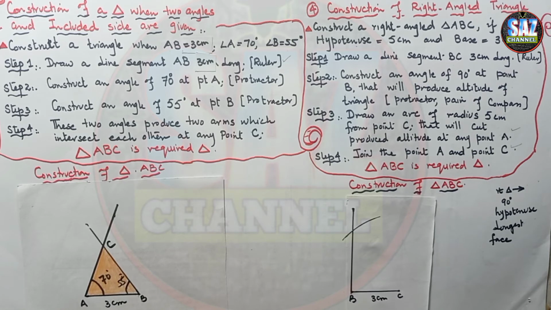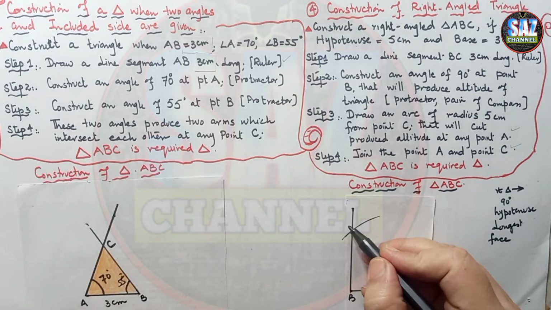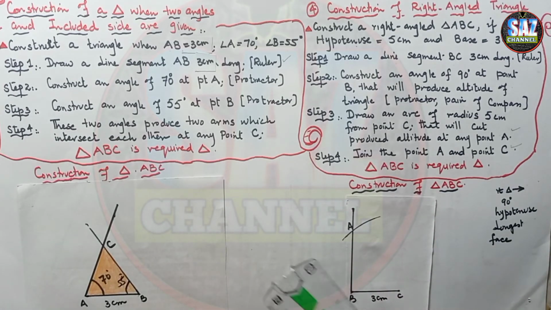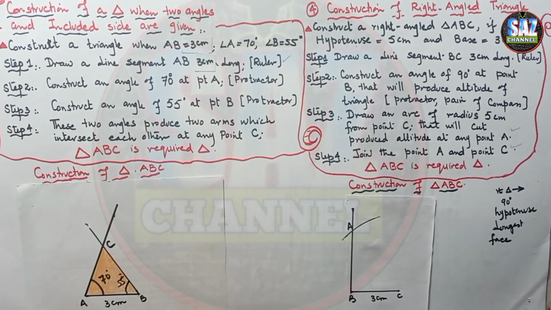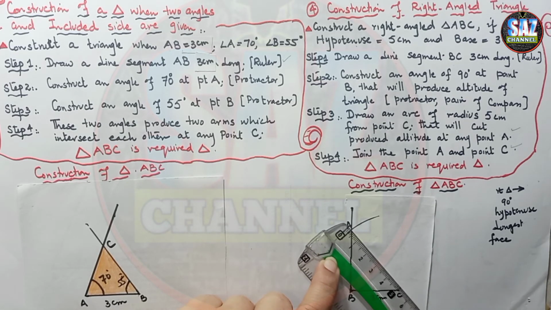So the point where this arc of the hypotenuse meets the altitude line, let that point be A. And now we have to join A with C. Okay, and I'm observing that this is really 5 centimeter.